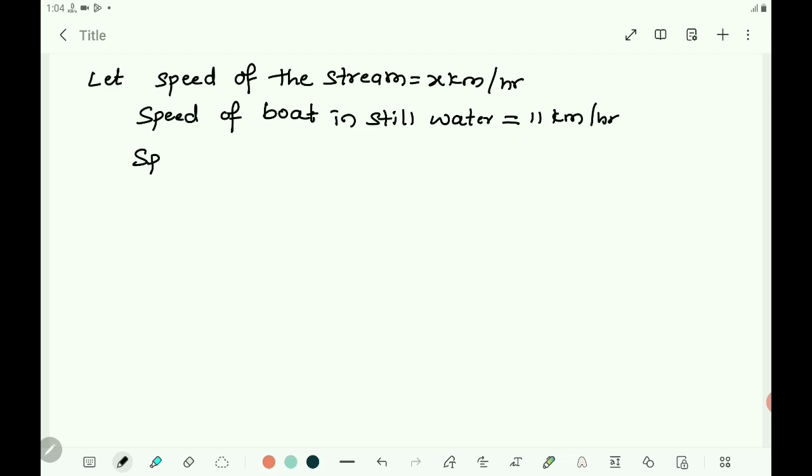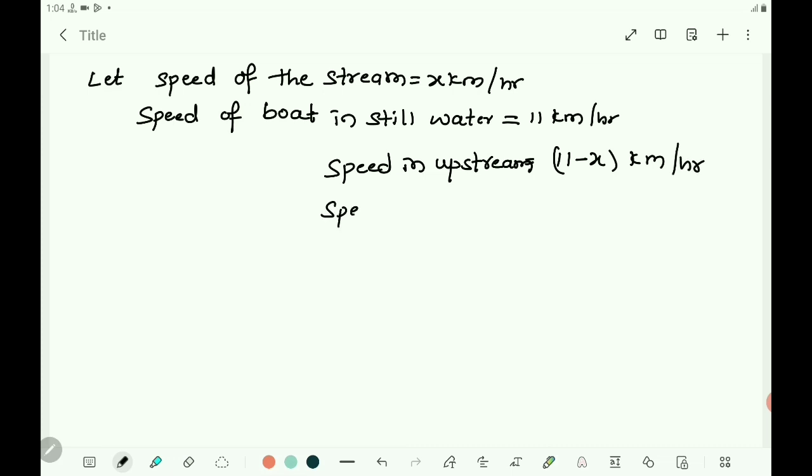Next, speed of boat in upstream. Speed in upstream becomes less. How much less? 11 minus x kilometer per hour. And speed in the downstream increases.